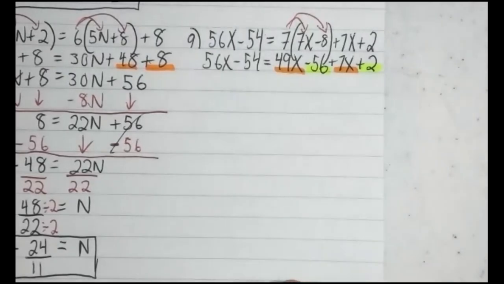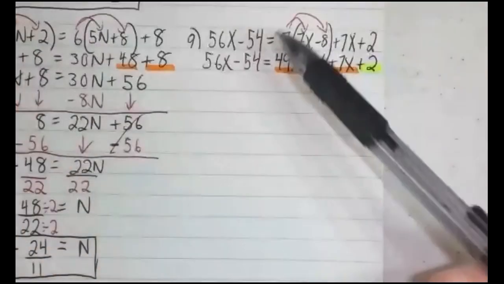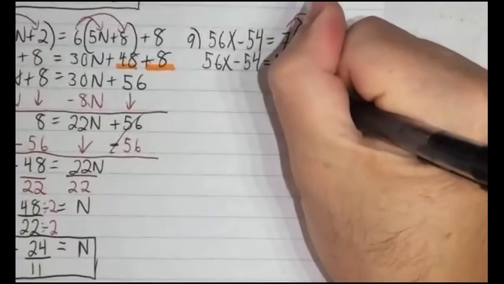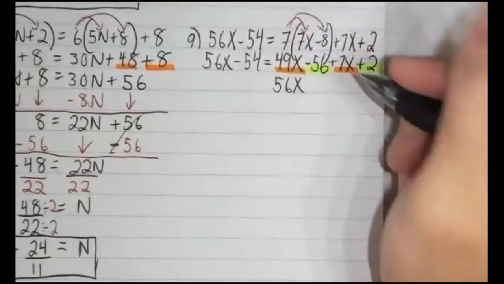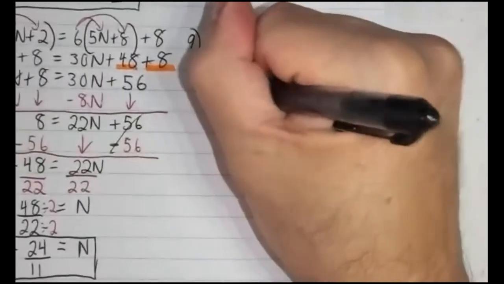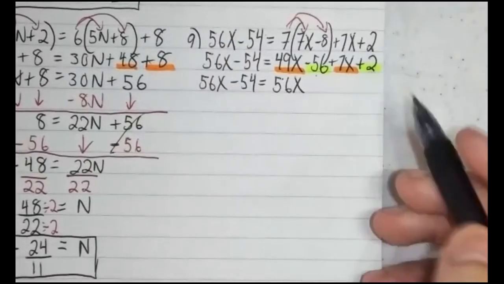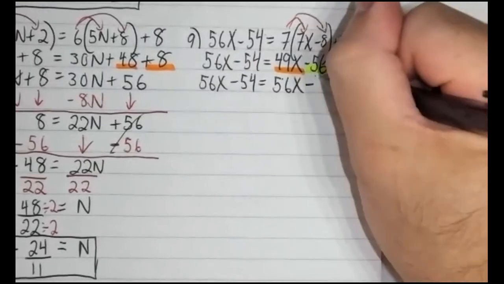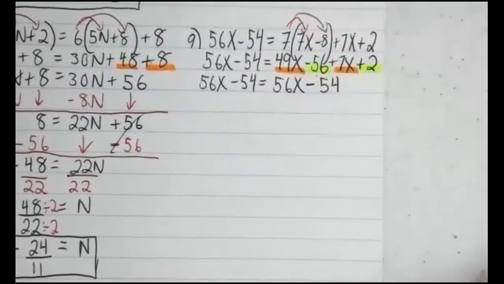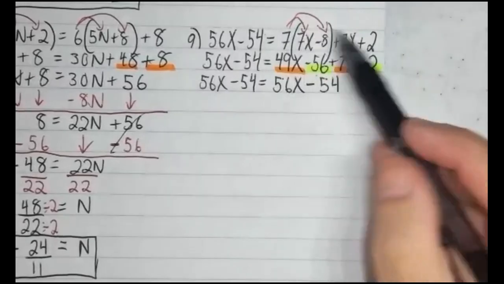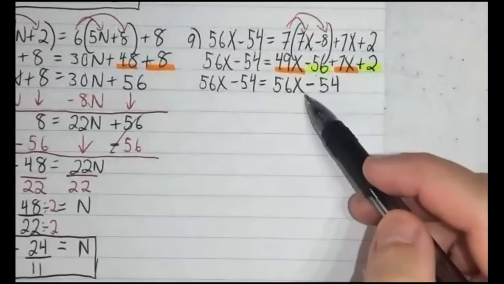All right, so 49x plus 7x will actually give me a 56x. And then a negative 56 plus 2 would give me a negative 54.